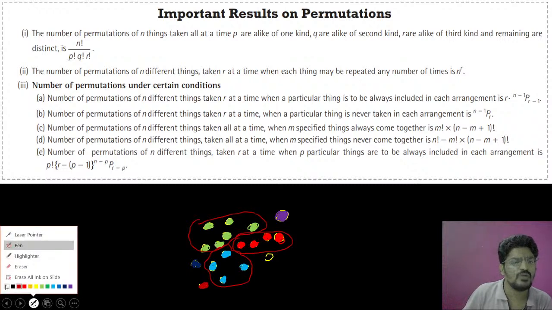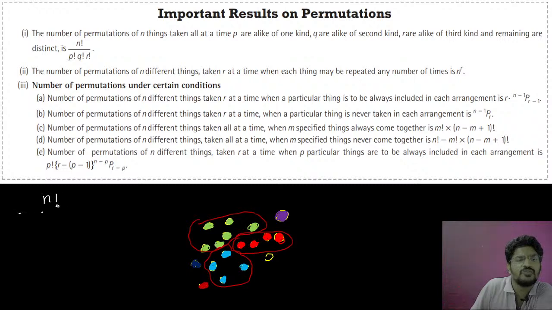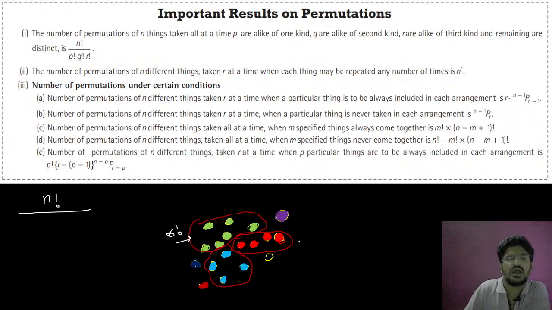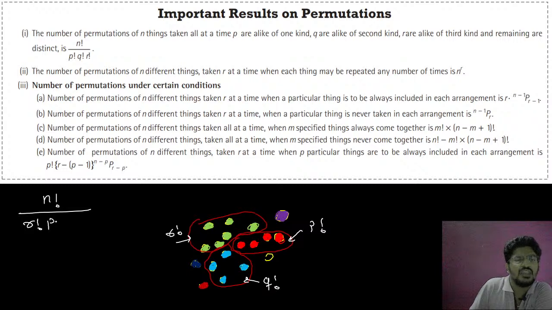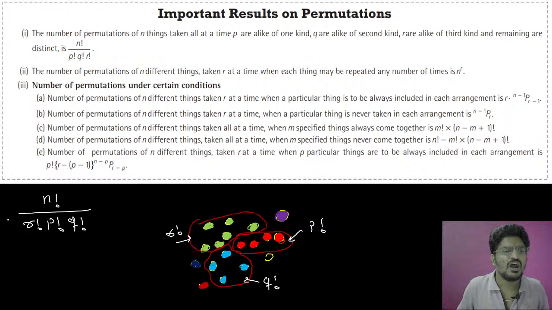Now if you get a problem on this, to calculate the permutations, totally these are n number of objects. In that, let us take this is r, this is p, and this is q. Which are of the same kind and they are repeating, we have to divide them as r factorial into p factorial into q factorial.